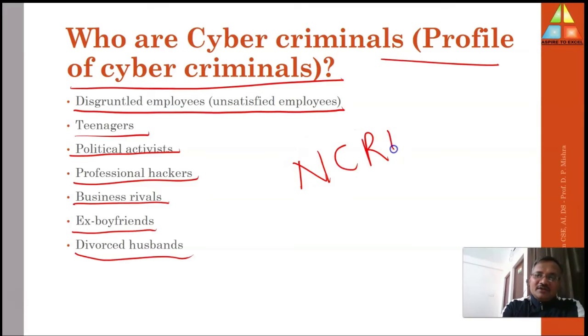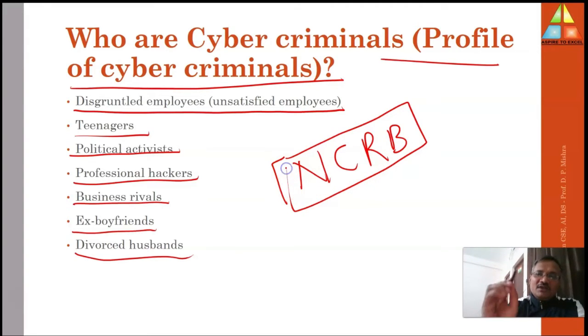NCRB is the National Crime Records Bureau, and they are responsible for recording and releasing crime-related data yearly.